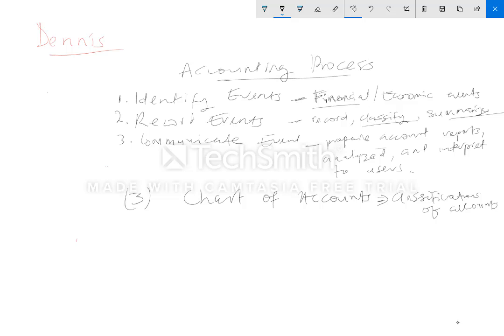So the classification comes from the accounting equation, which is the balance sheet.